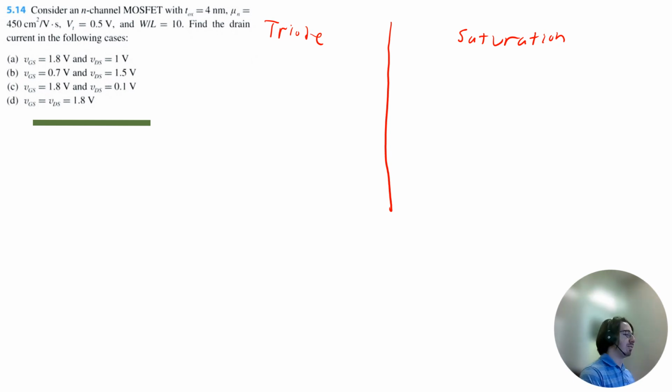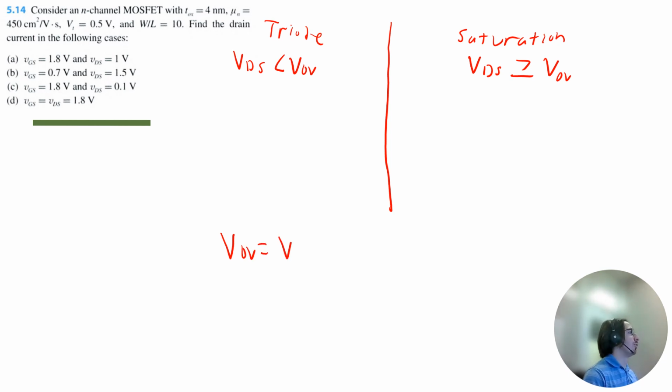The triode region occurs when the voltage from drain to source is less than the overdrive voltage. The saturation region occurs when the voltage from drain to source is greater than or equal to the overdrive voltage. In each case, we'll have to calculate the overdrive voltage. It is equal to the voltage from gate to source minus threshold voltage, so it'll be different for each case.